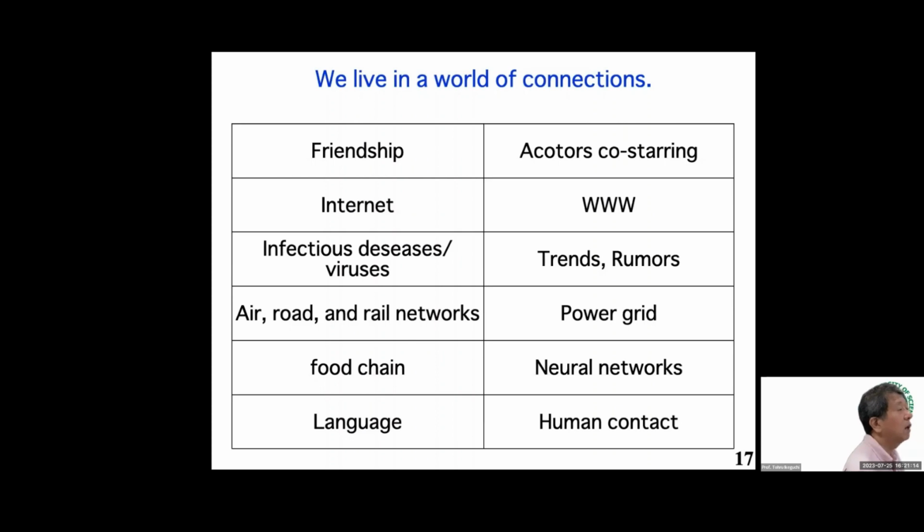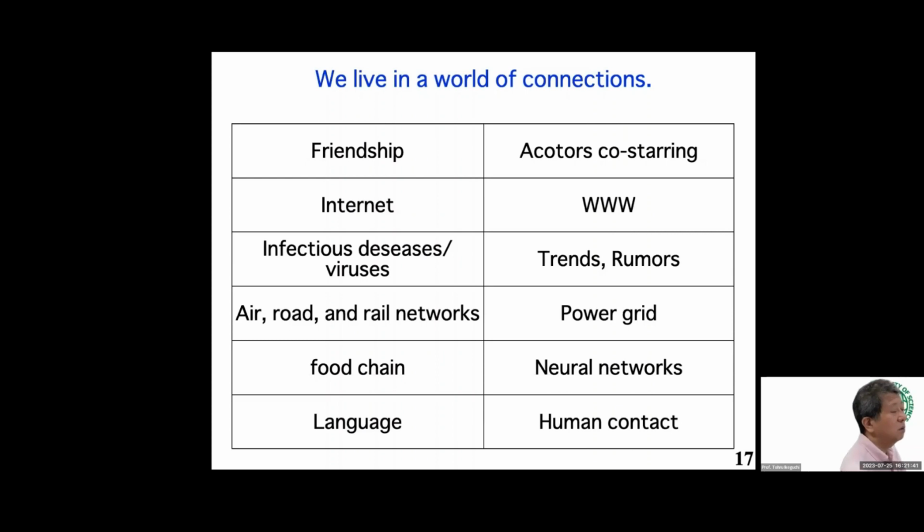For example, the internet, World Wide Web, infectious diseases or viruses, trends, rumors, air networks, road networks, rail networks, power grids, food chains, neural networks, language, and human contacts.